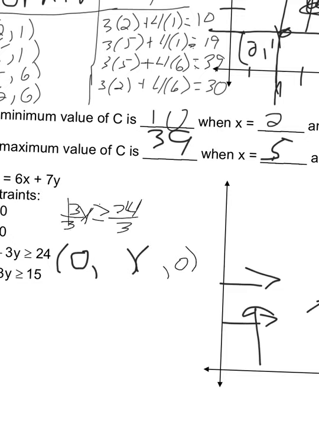So y would equal 8. If I plug 0 in for y, so that would be 3 times 0 is 0, so 4x is greater than or equal to 24. So if I divide both sides by 4, that would give me 6.